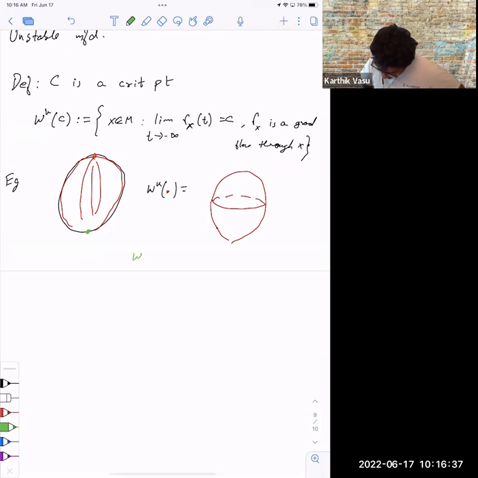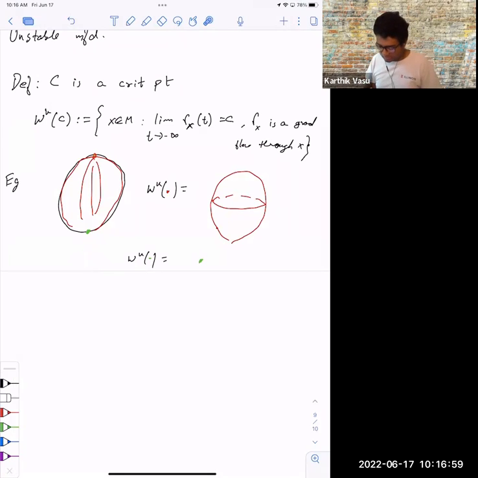And the unstable manifold of the green point will be nothing but just the point. Starting from here, you will not flow into any other critical point, as there's nothing else below. You have to decrease from there, and there's no way you can decrease.